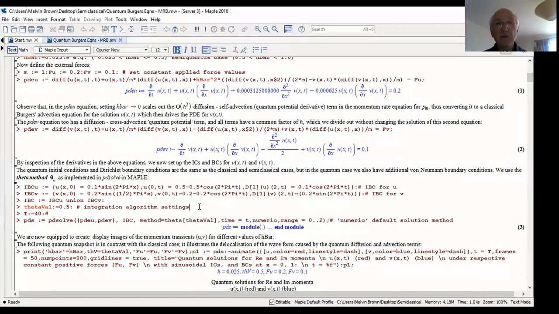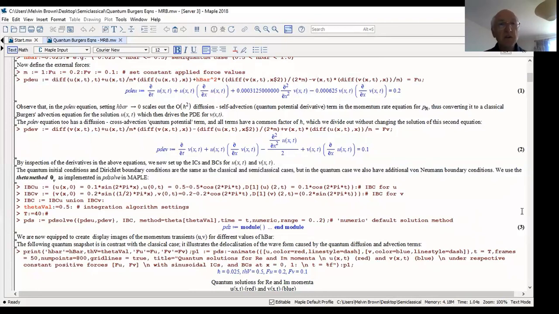We've also got the derivatives there, the D1s of u and v, expressed as those derivative boundary conditions, because we have second order derivatives in the two equations above. And then we join them together as the IBC, a union of the initial and the boundary conditions.